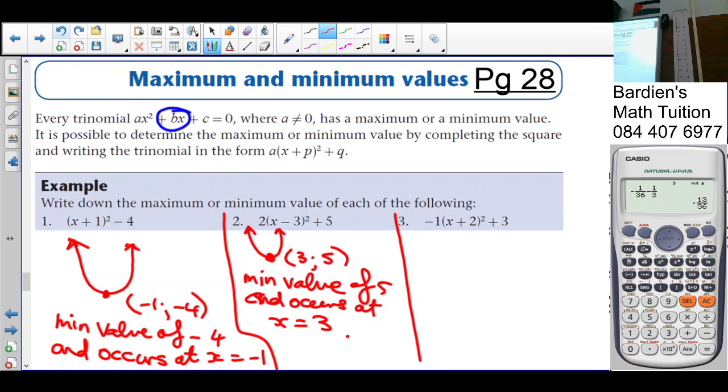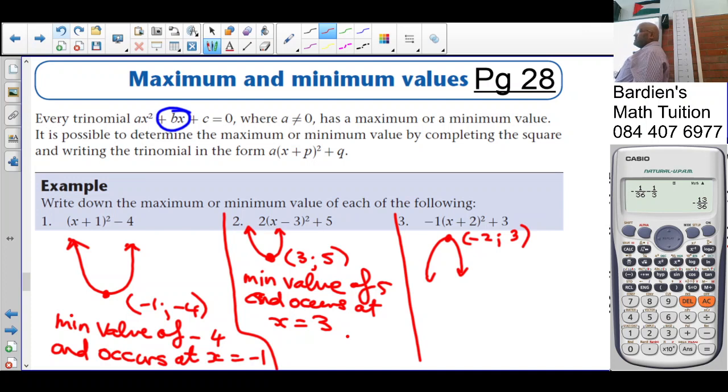Let's look at the next one. What would this be? Sad graph, also known as maximum. The coordinates of the turning point would be what? Negative 2 and 3. Okay. I think I must draw the graph for you now quickly and you can see.